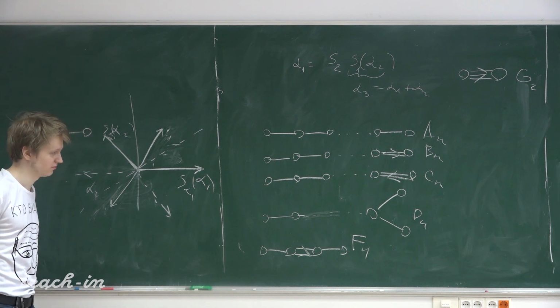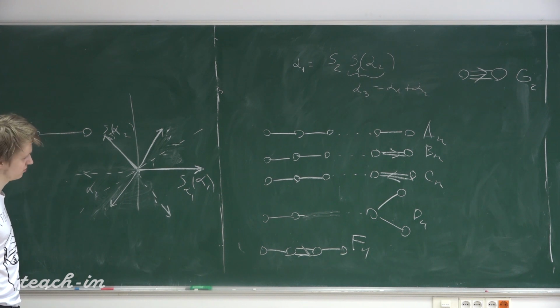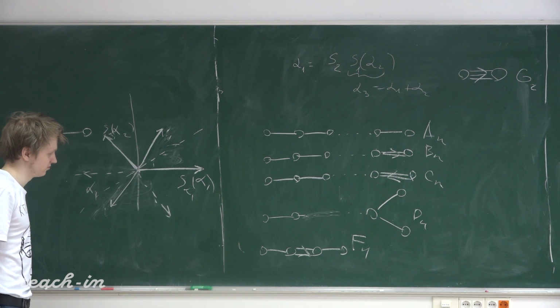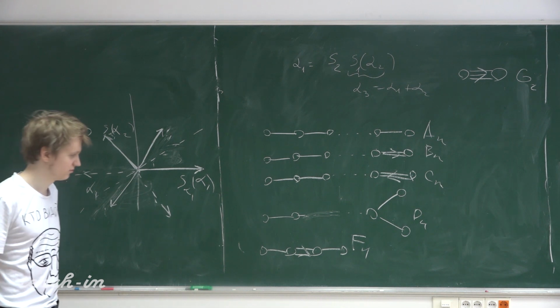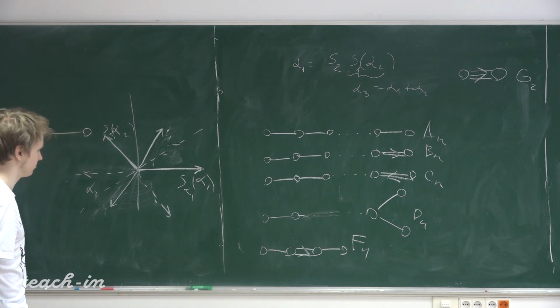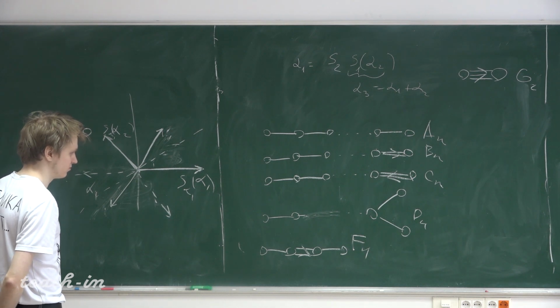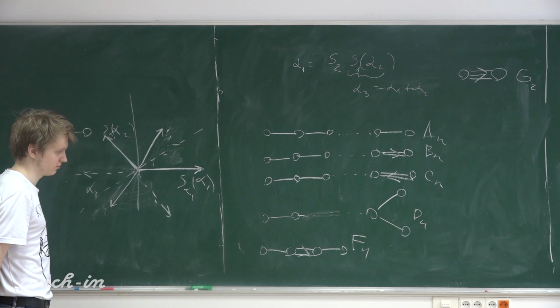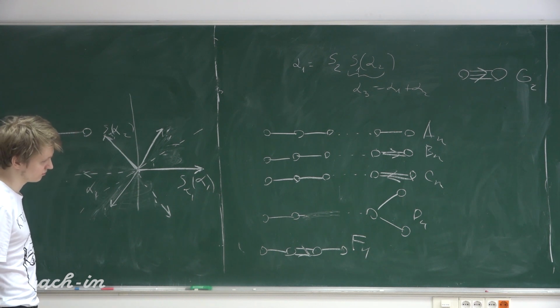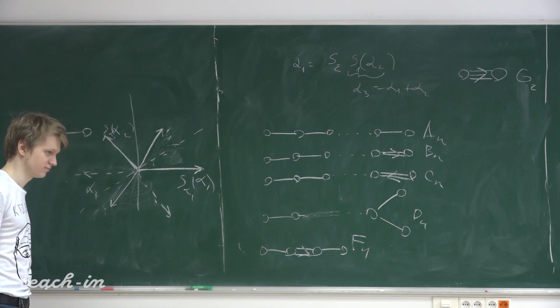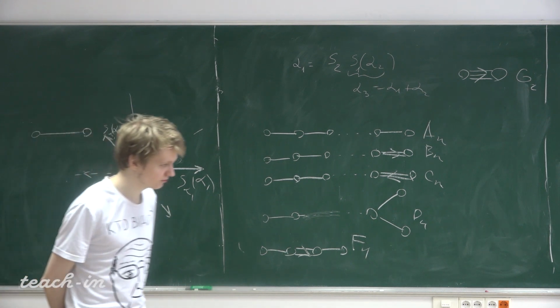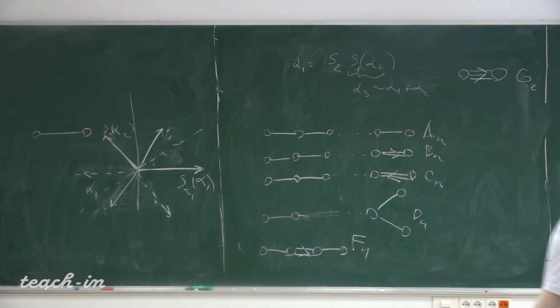Otherwise, this one is not connected to this one, but they are of the same length, and we have a bad situation, right? So we just show case by case that all subsets that we obtain by erasing multiple edges have different lengths. But this is for simple roots.